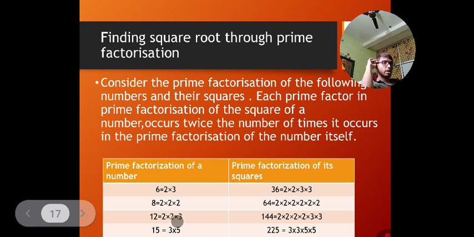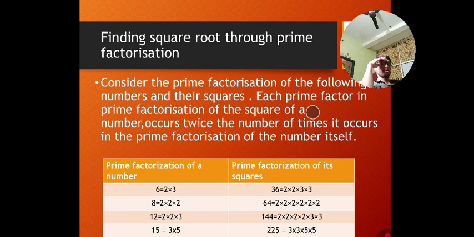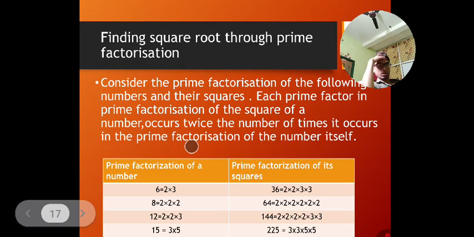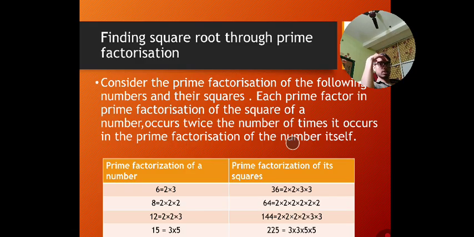Now we have finding a square root through prime factorization. Consider the prime factorization of the following numbers and their squares. Each prime factor in the prime factorization of the square of a number occurs twice the number of times it occurs in the prime factorization of the number itself.